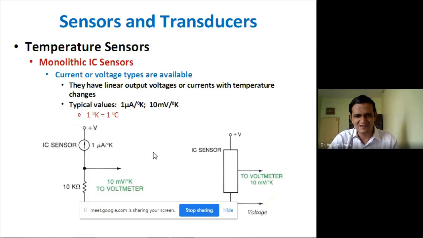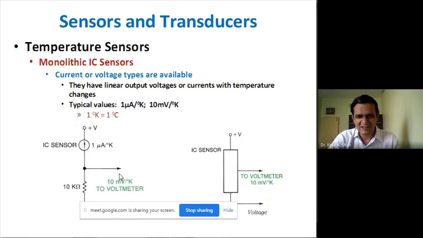This gives us a linear output voltage or current with the temperature changes. So what is the meaning of it? As and when you keep this IC sensor at the point where you want to monitor and maintain the temperature change, it will change as the voltage or current, and then the voltage or current can be monitored and controlled through this voltage divider circuit.